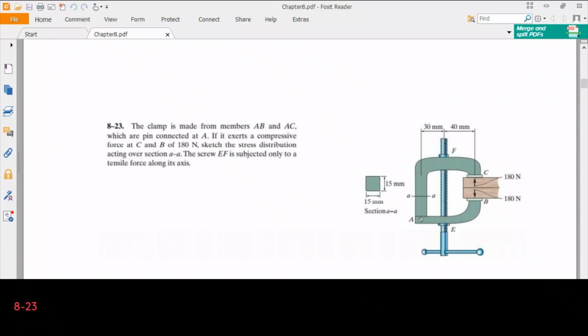So let's draw the free body diagram. We can go either from the lower arm AB or member AC. In fact, it's better to go from AC, because we are asked for the stress at cross section A, which is on the member AC.